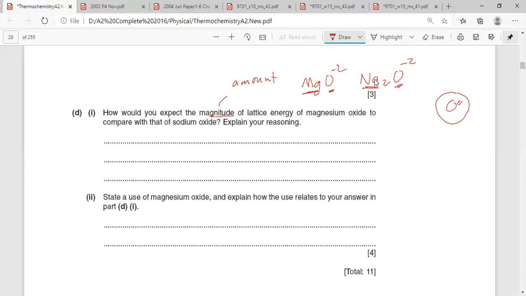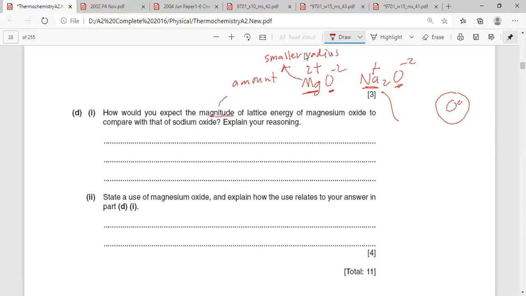So the charge of this is 1 positive. The charge of this is 2 positive. And of course, not only is the charge bigger here, but the radius of this is also smaller, isn't it? Smaller radius.